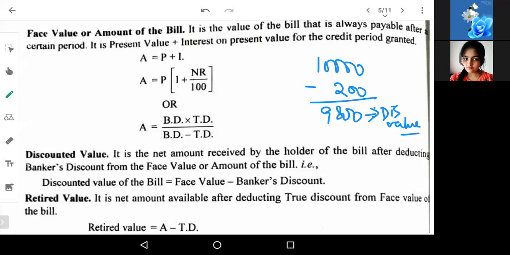Next, retired value. It is the net amount available after deducting true discount from the face value of the bill. So retired value is amount of the bill minus true discount. If you deduct true discount from the bill, then it is called as retired value.